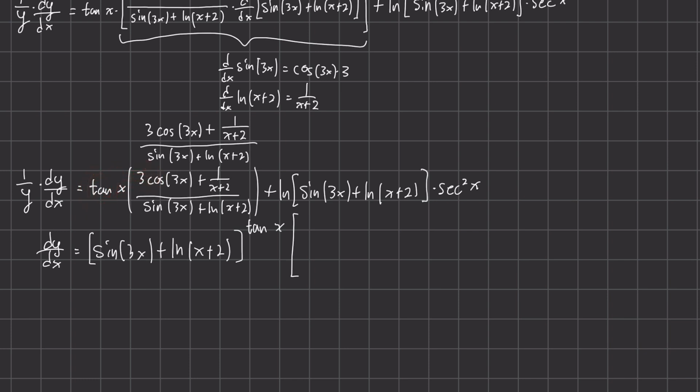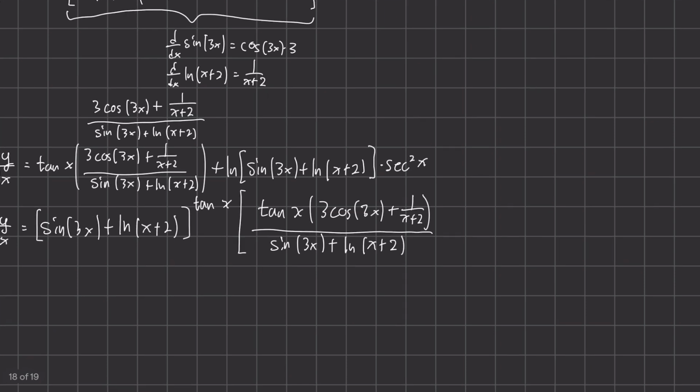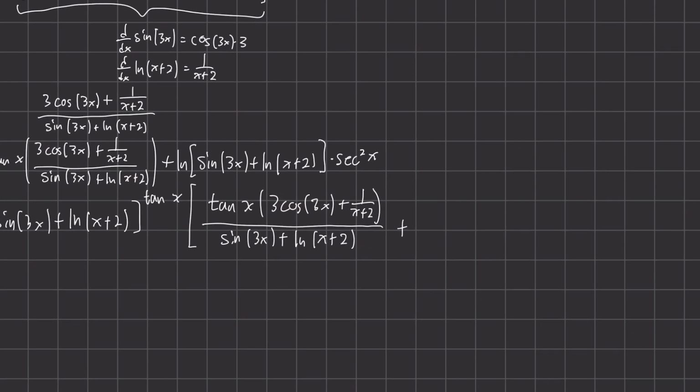So it's going to be tangent x times the bracket 3 cosine 3x plus 1 over x plus 2, all over sine 3x plus ln x plus 2, and it's going to be this plus secant squared x times ln of sine 3x plus ln x plus 2.